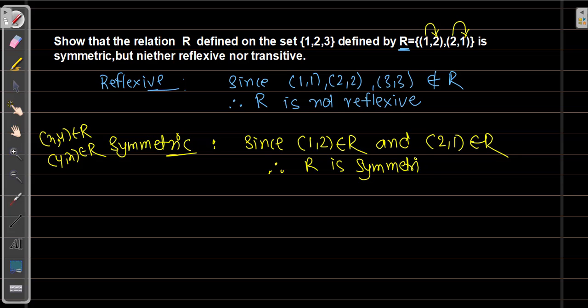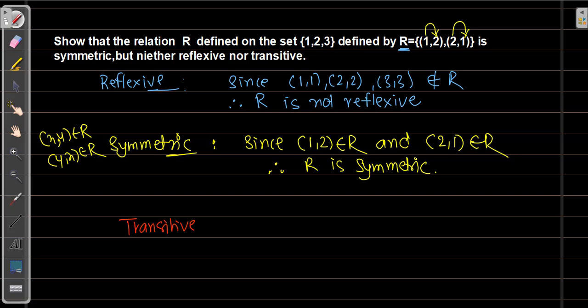It is enough to show that there exists one case where the ordered pair (x, y) belongs to R, and (y, x) also belongs to R, then our relation will be symmetric. And what about transitivity? We will see whether our relation is transitive or not.